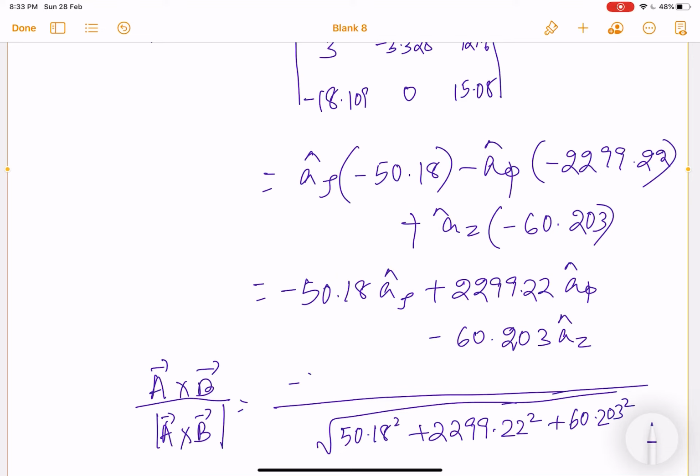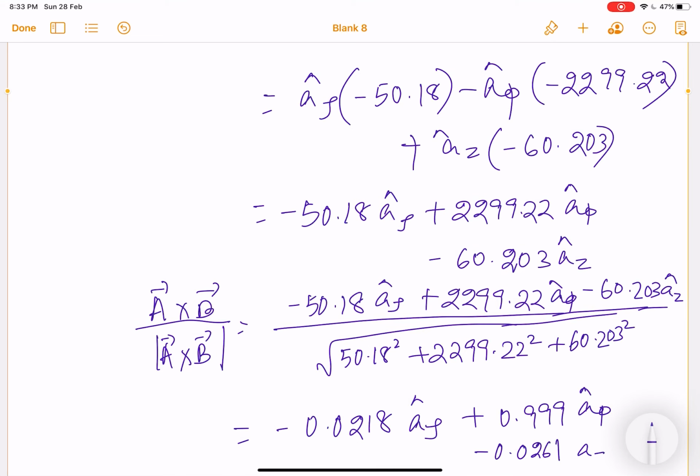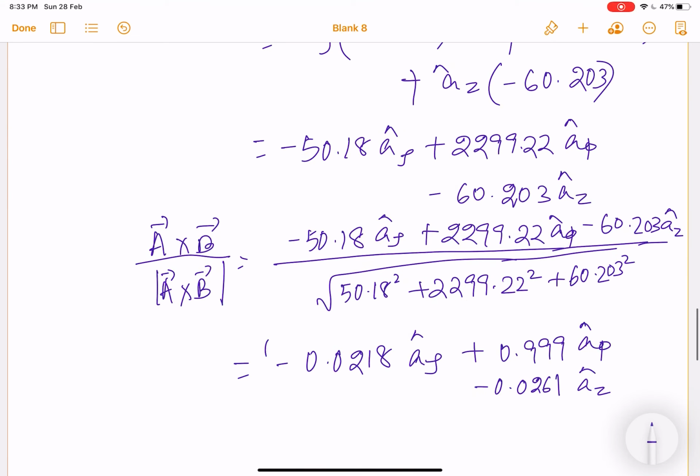Take out your calculators and solve it. If you use your calculators, what are you getting? Well, I'm getting something like this: minus 0.0218 A rho cap plus 0.99 A phi cap minus 0.0261 A z cap.